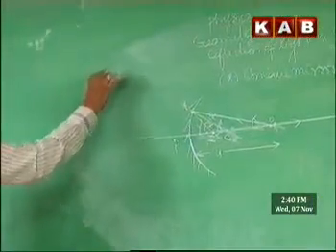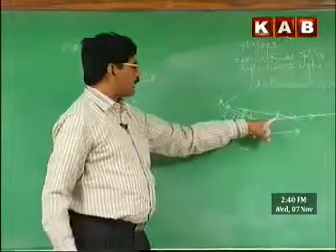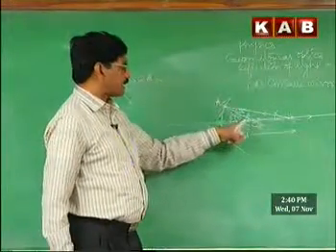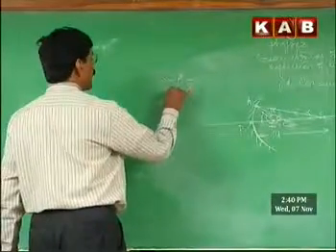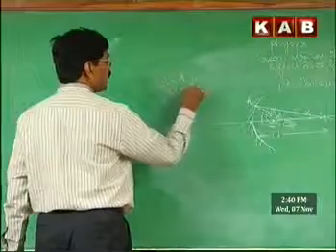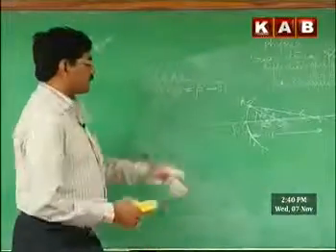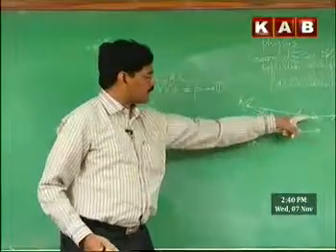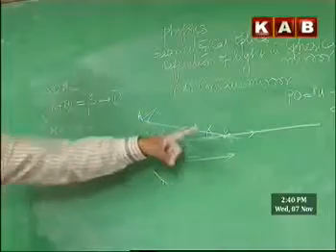For triangle OAC, alpha and theta I are the interior angles, and beta is the exterior angle. Therefore we can write alpha plus theta I is equal to beta. Alpha and theta I are the opposite interior angles, and the sum of the opposite interior angles is the exterior angle.